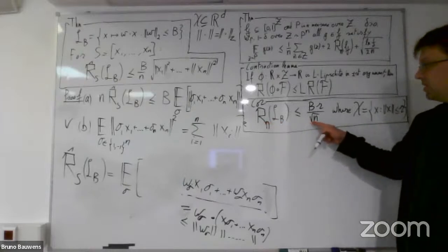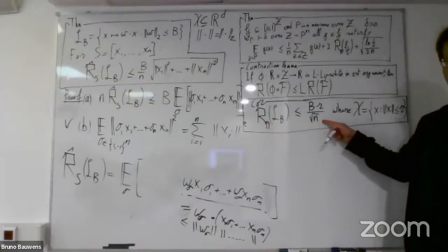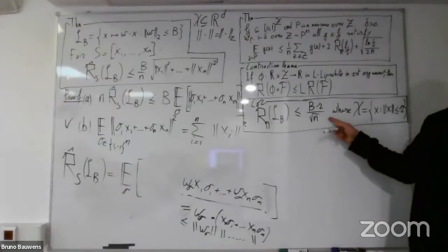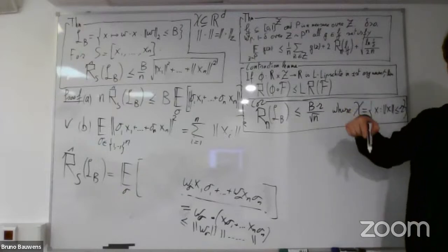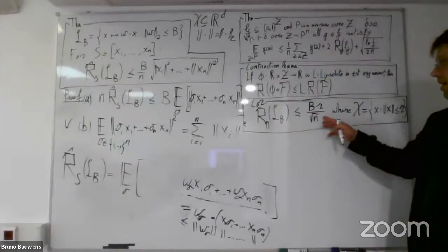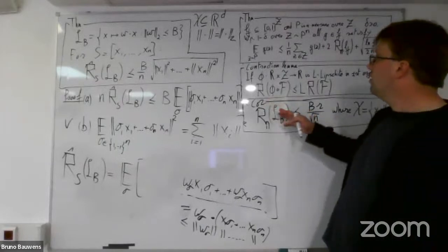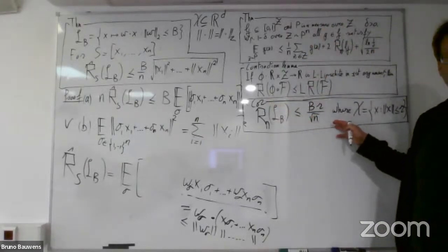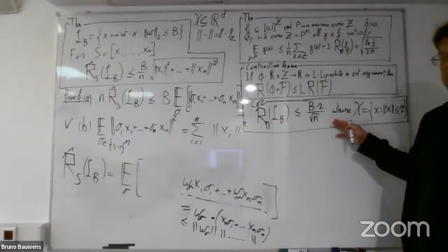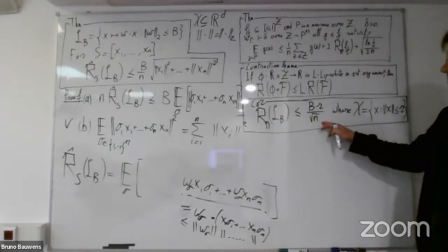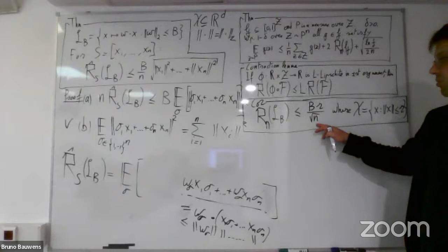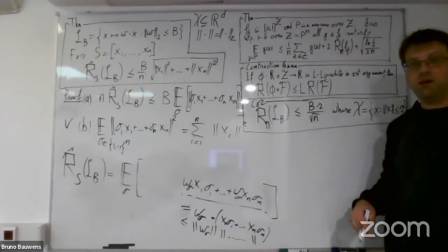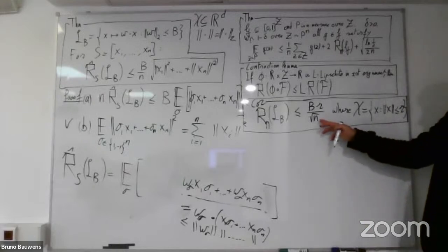This is an important observation: Rademacher complexity goes down by square root n in the data. This is not surprising because our risk bounds for VC dimension also have been agnostic. All this theory is for the agnostic setting, and this behavior, going down with 1 over square root n, is very tight. There is a whole business of making risk bounds that go down with 1 over n.